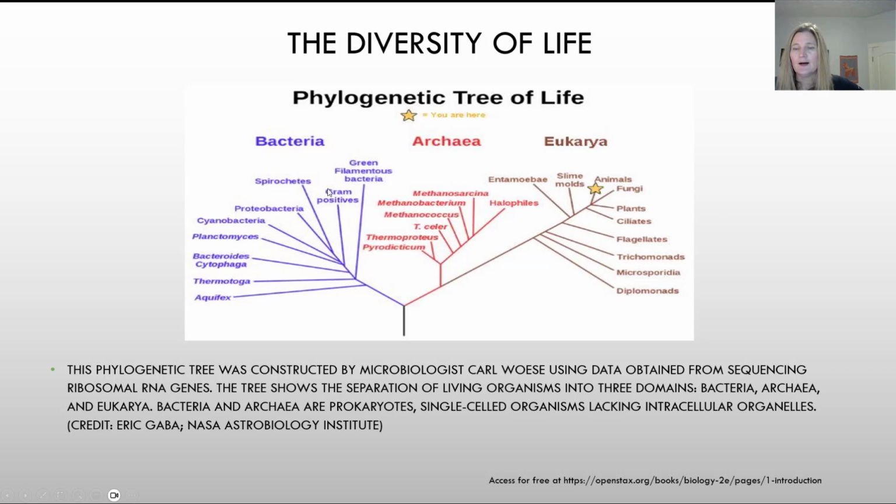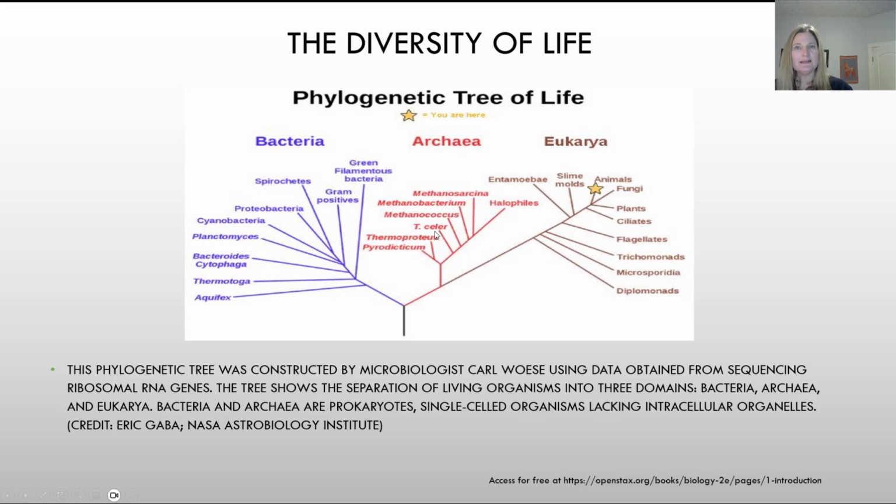Okay. We can even take it a step further, and within the domain eukarya, which includes plants, animals, paramecium, and mushrooms and fungi, all that stuff, we can divide those into further kingdoms and so forth.